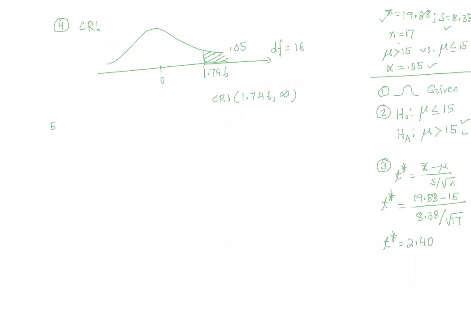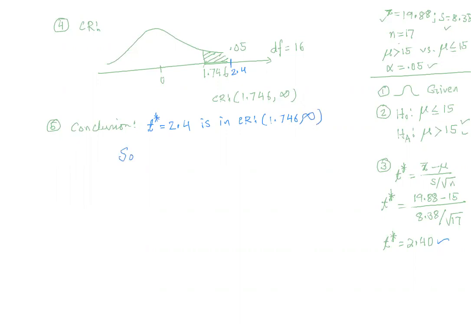And step number 5, your conclusion. The T star of 2.4 is probably going to be somewhere here, right? T star equal to 2.4 is in the critical region, 1.746 to infinity.